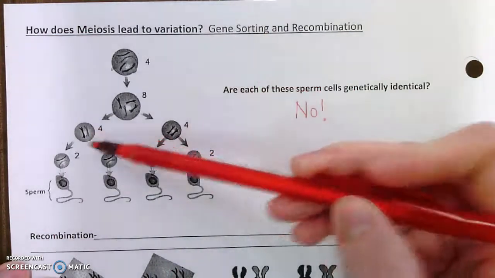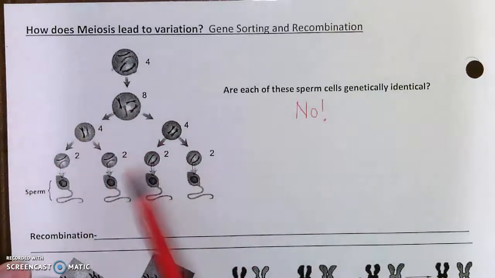The genes or the chromosomes are randomly sorted into the sperm cells, which means that each sperm cell has a different combination of genes. So each sperm cell, or each egg cell in humans, has 23 chromosomes. It's a random assortment of 23 chromosomes. So each of the cells made are not identical.